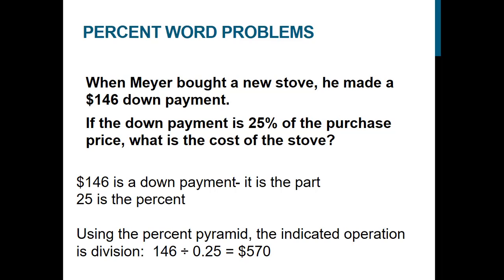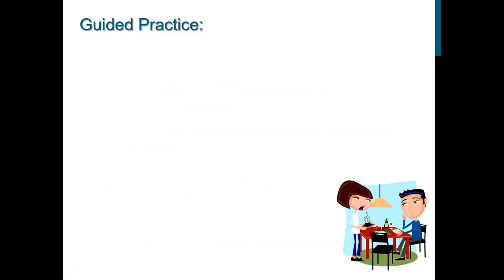So if you picture the percent pyramid, we had to divide, and the part has to go in the calculator first. And we had to change our percent to a decimal. So it becomes 146 divided by 0.25, and that comes up to $570. So does that make sense? Yes, it does make sense.